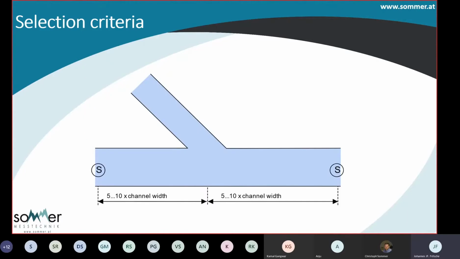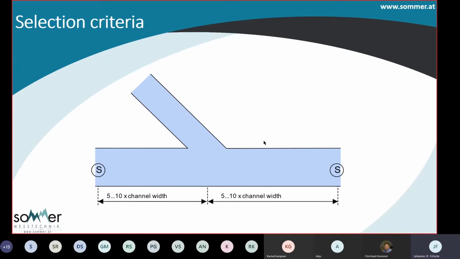So here is an illustration about the rule about inflows. If we have a straight channel with a secondary inflow into the channel, you shouldn't put your instrument right here, but you go down about 5 to 10 times the river width and place your instrument here, or go up the river 5 to 10 times the river width and place your instrument here.